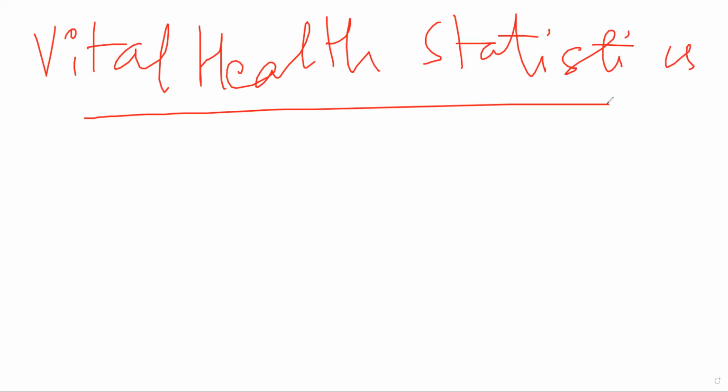Now in this you are analyzing data so that you can provide a description of what is vital, what is important in a person's life. So what are the vital events that will occur in a person's lifetime?